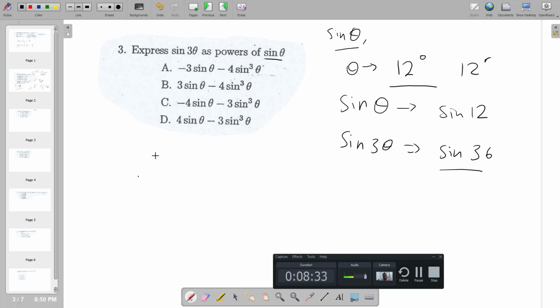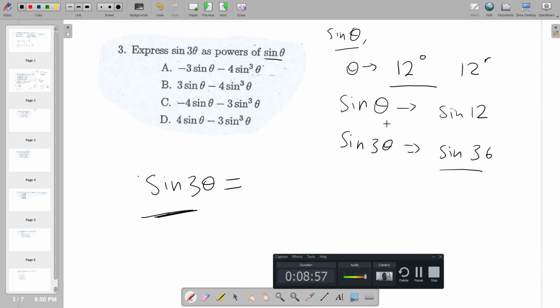The meaning of this question is that sine 3 theta is equal to one of these, because you're expressing sine 3 theta as powers of sine theta, meaning the combinations of the powers of sine theta will give you the same value as sine 3 theta.